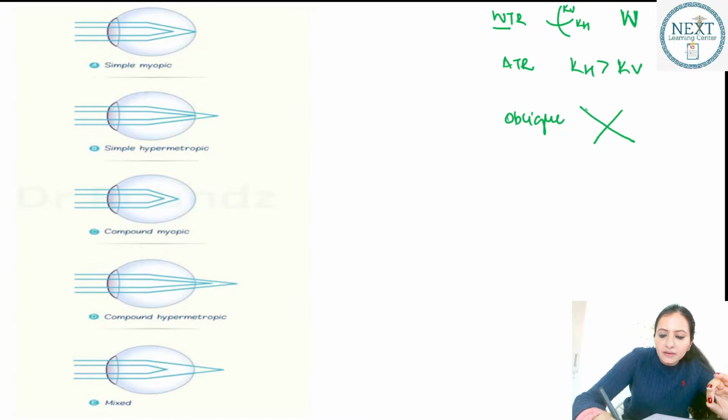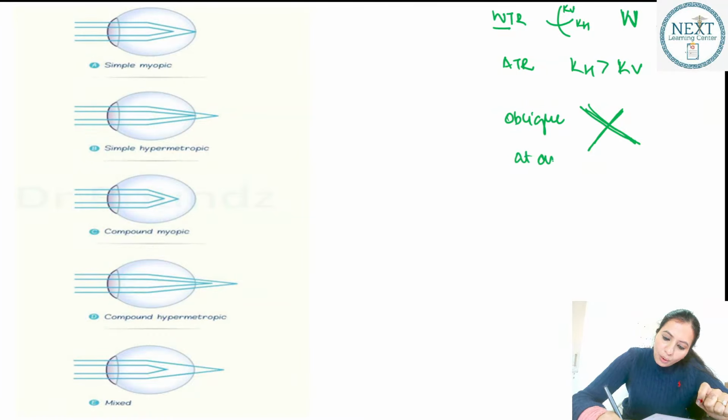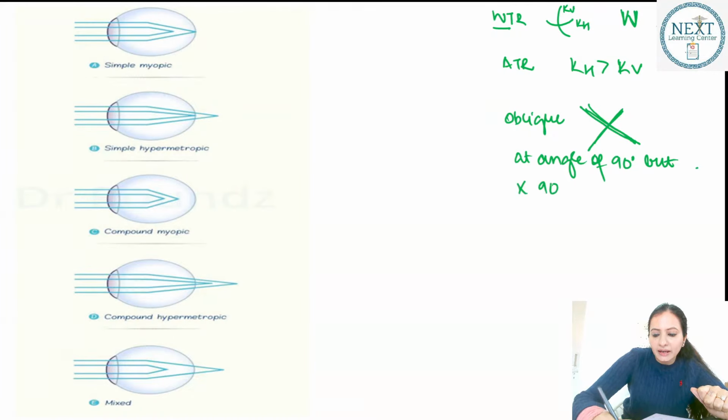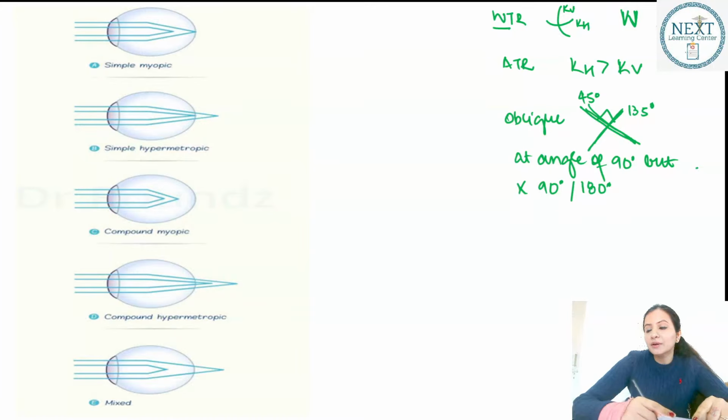Oblique, there are two axes that are at an angle of 90 degree to each other, but these axes are not 90 degree or 180 degree. Suppose one of them is 45 degree, other is 135. So still they are perpendicular, but neither of them is 180 and 90 degree.